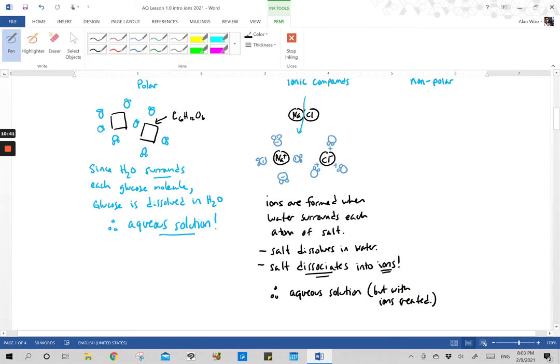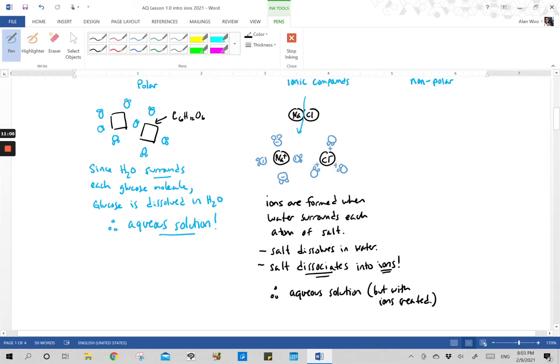Okay, whereas over in the sugar, you have an aqueous solution, but there are no ions being created because the water molecules cannot separate every individual atom of carbon, hydrogen, or oxygen. But here, with any ionic compound, water will separate the metal atom from the non-metal atom, thus creating two ions.